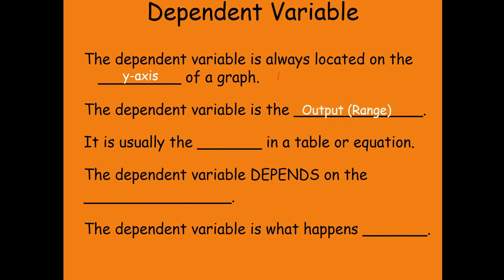Our y-axis is the vertical, it goes up and down. It's usually in a table or equation, usually the y, and the dependent variable depends on the independent variable. The dependent variable is what happens second.